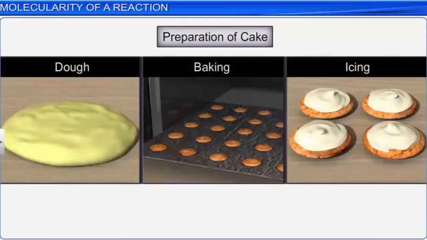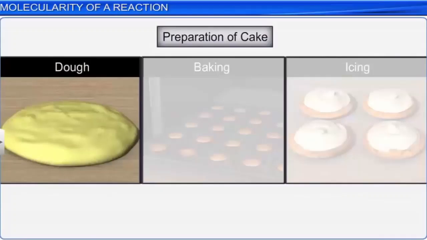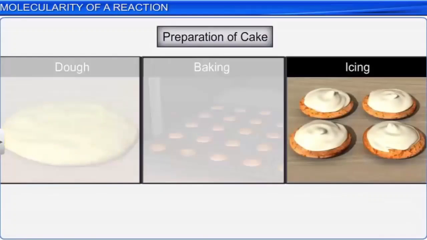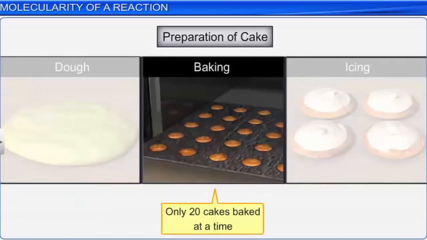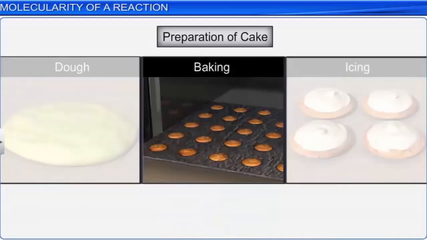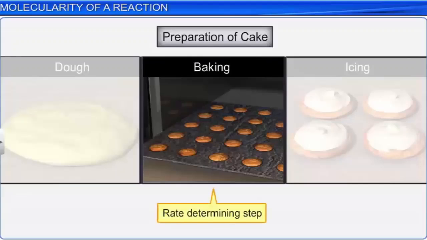The 3 major steps involved are preparing the dough, baking, and icing. You can make dough for 50 cakes. However, only 20 cakes can be baked at a time. Hence, the number of cakes on which you can put icing will depend upon the second step, baking. Therefore, baking is the rate-determining step here.